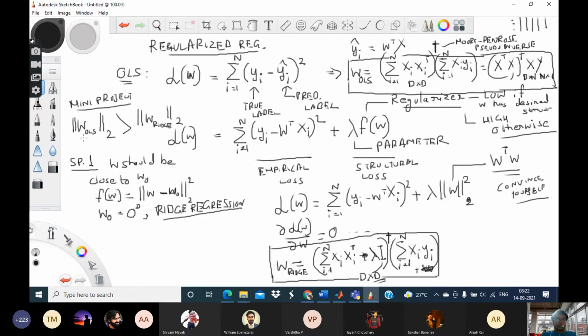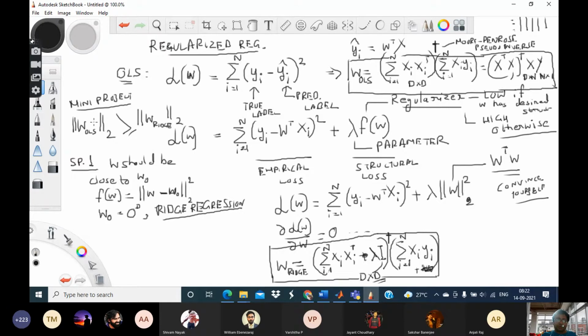That is, the W you got from OLS will have a higher L2 norm than the W from ridge regression. Why? Because in ridge regression, we have actively tried to minimize the L2 norm of the W with the help of this function, which we have not done in case of OLS.